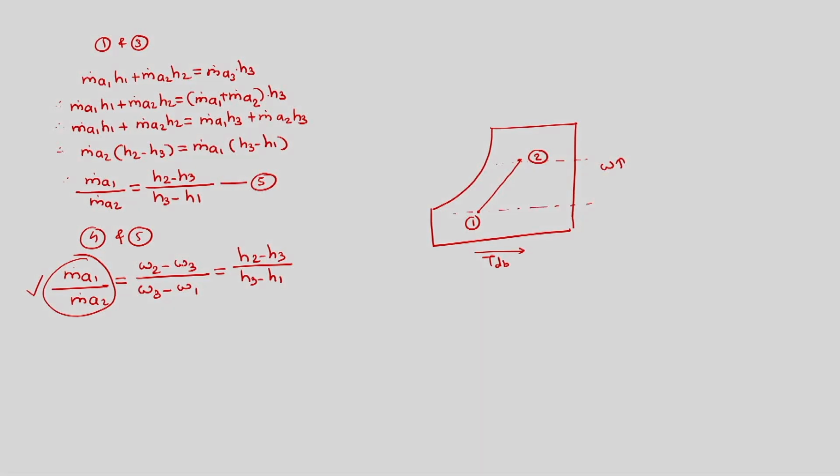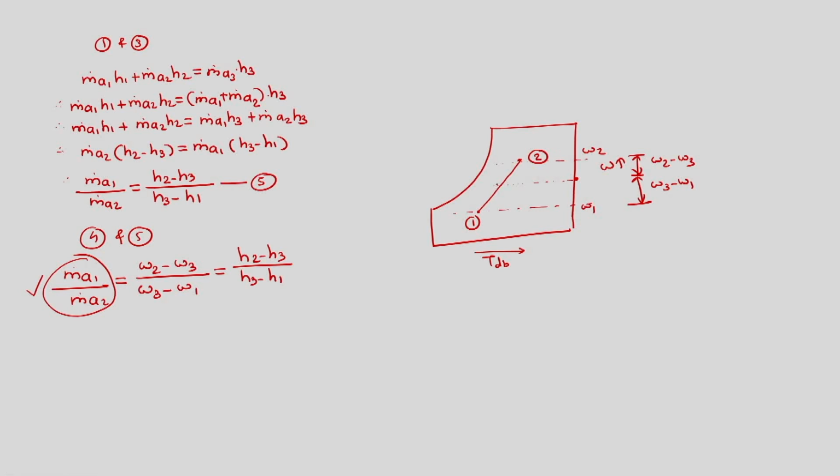So this is omega 2 minus omega 3 divided by omega 3 minus omega 1. So suppose this is omega 3, this is omega 2, this is omega 1. So this height over here is omega 2 minus omega 3, and this height over here is omega 3 minus omega 1.